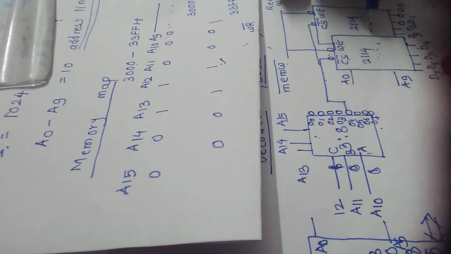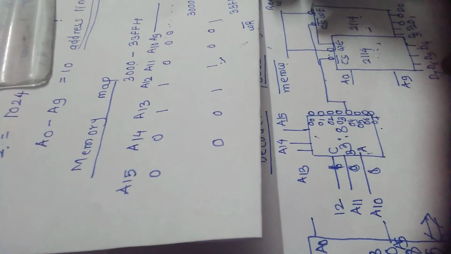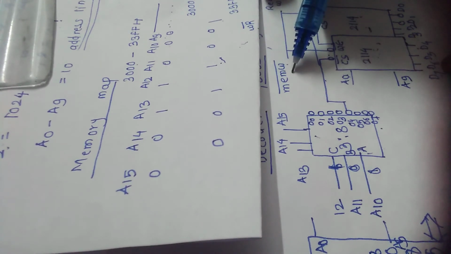Both chips have been selected, and for whether it is a read operation or write operation, I am commonly connecting the write enable signals to this MEMW bar, the memory read or write signal.